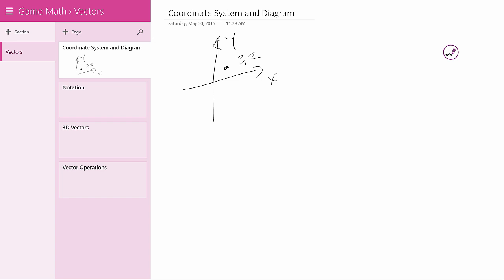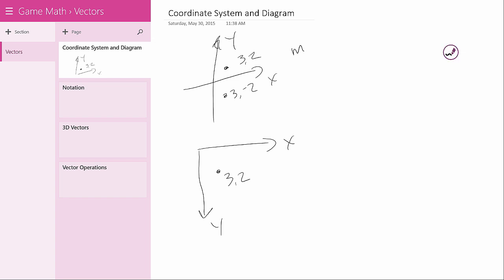Now the DirectX coordinate system, also known as the pixel coordinates or the screen coordinates, is this. That is positive x and that is positive y. So this point here will be 3, 2, just like this point here will be 3, -2 in the other.